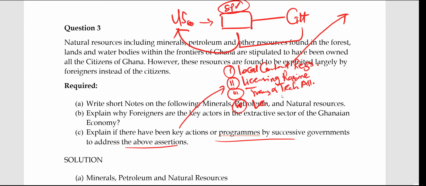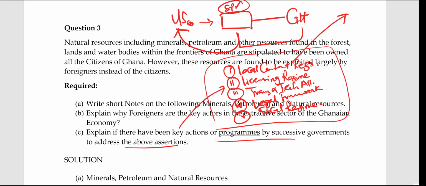The legal framework has checked this, right? The fiscal regime has also checked this, so that one cannot escape, right? The various laws in our country, the regulations, the constitution, they are all ways that the government has been checking this foreigners' domination. Do you get it?